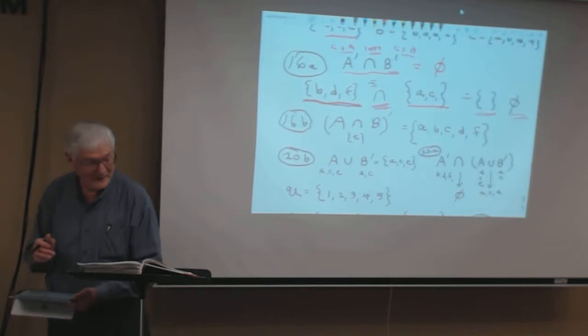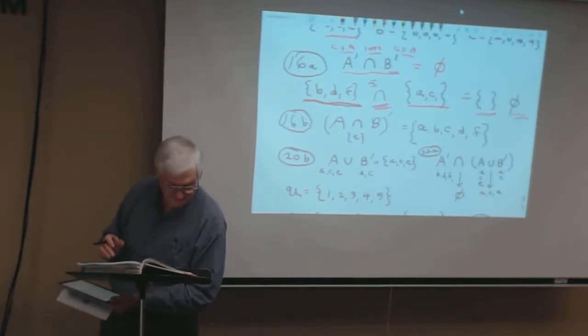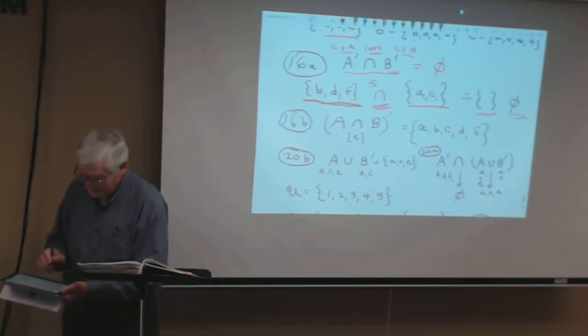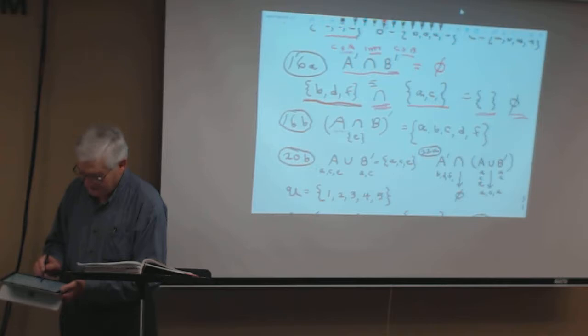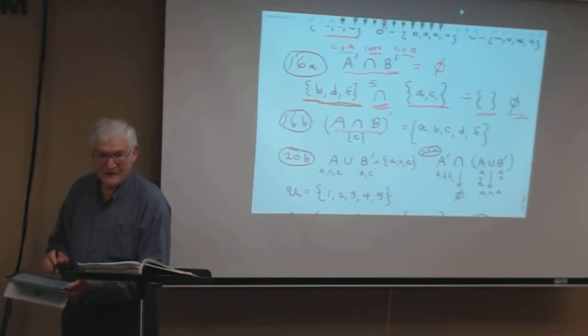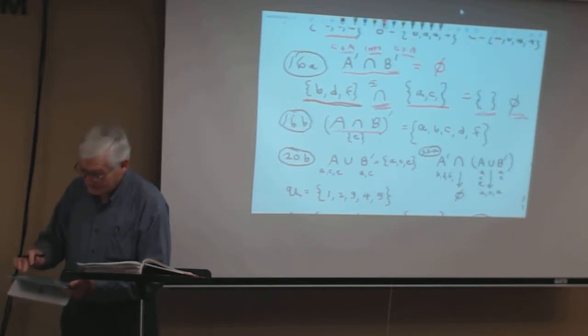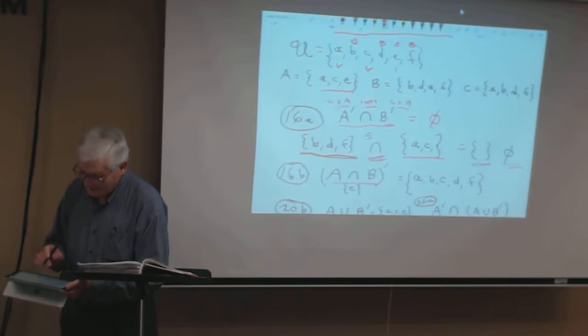Okay, let's look at 16b. Now 16b, can you read that? Can you read this part of 16b? A intersect B. So what's the intersection of A and B? Let's go back up here.